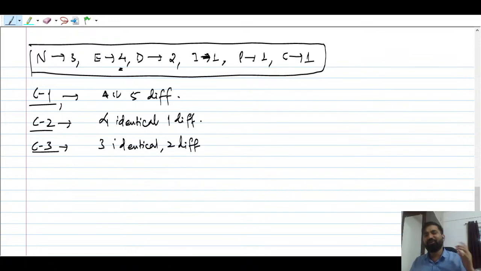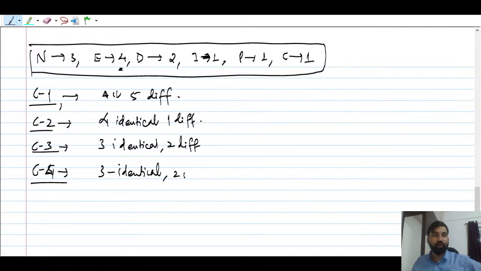Now you might be thinking, sir, how are you developing these cases? See, I know how many objects are repeated, so depending upon that. Now case 4. We can say 2 identical, or you can say 3 identical, right? 3 identical and 2 identical also you can take. This is also one more case you can do. I hope this makes sense.